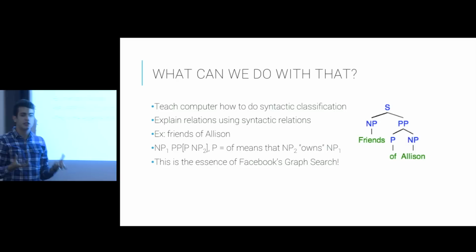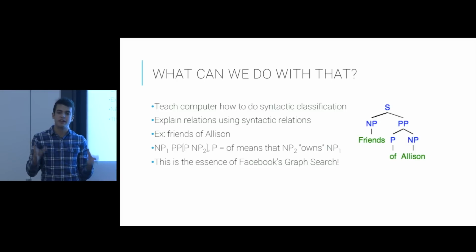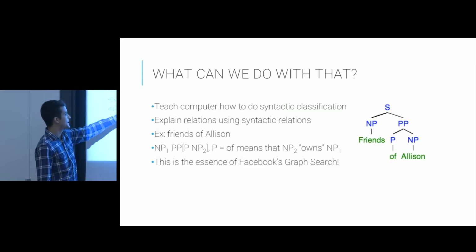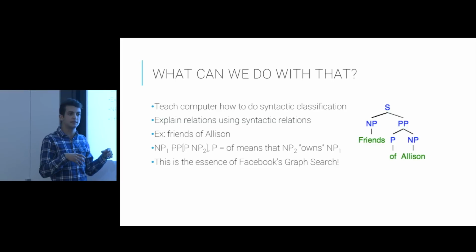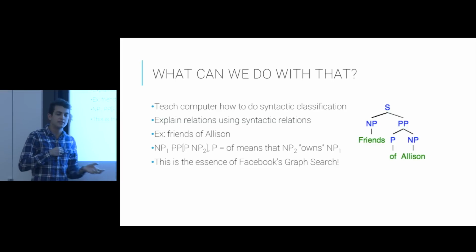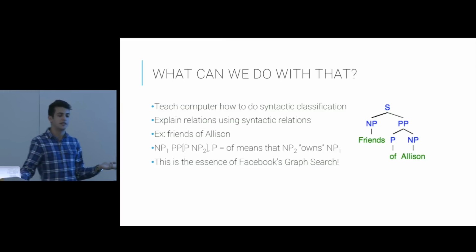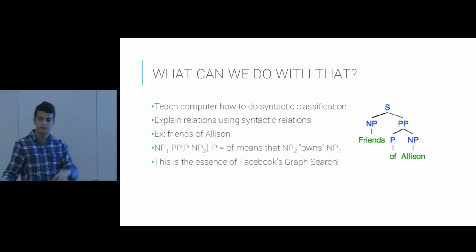So I can create some kind of relation, some kind of function for it. Whenever I see this structure, which matches exactly with "friends of Allison," I know that Allison owns the friends. The friends are something that Allison has. Make sense? This is basically what graph search does. It just creates rules for a lot of things. So "friends of Allison," "my friends who live in Cambridge," "my friends who go to Harvard," creates rules for all of those things.